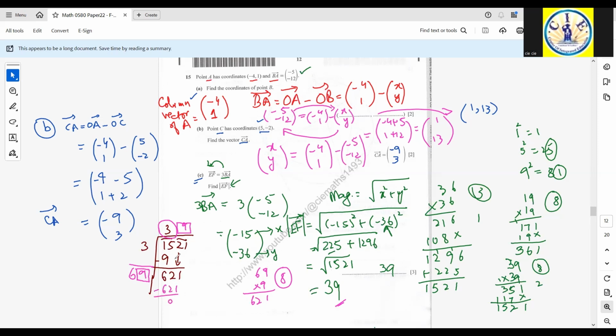So the square root of 1521, that is this one, 39. So this is the other method to calculate the square root. So the final answer is 39.